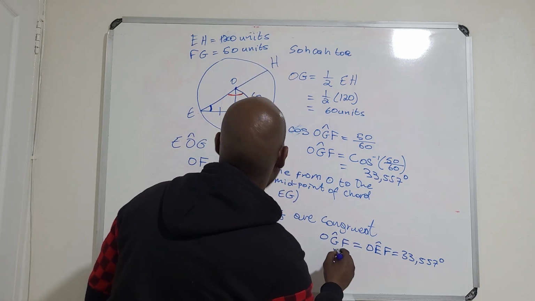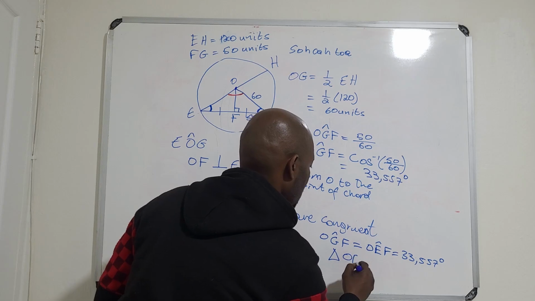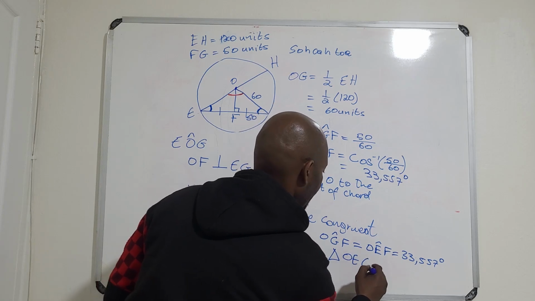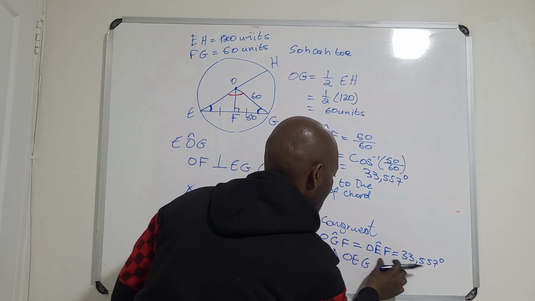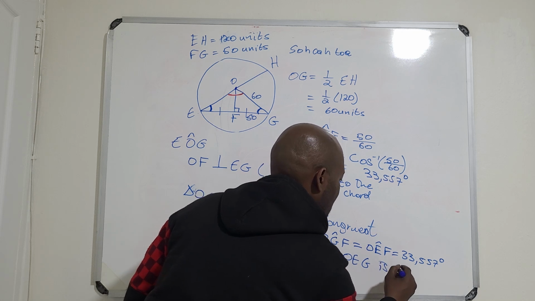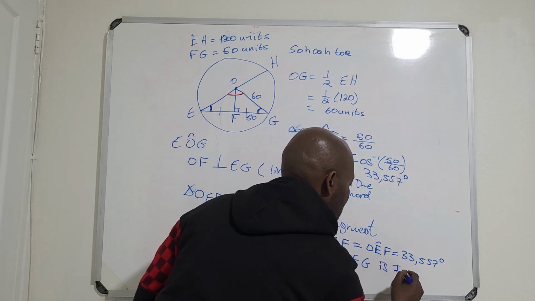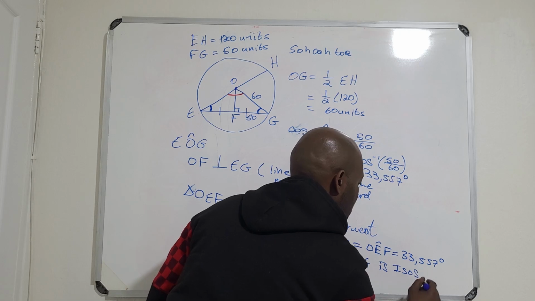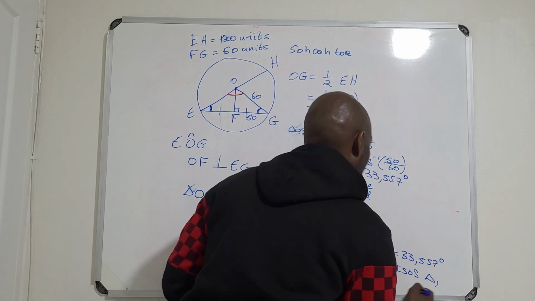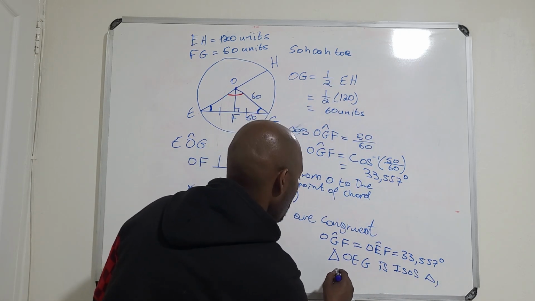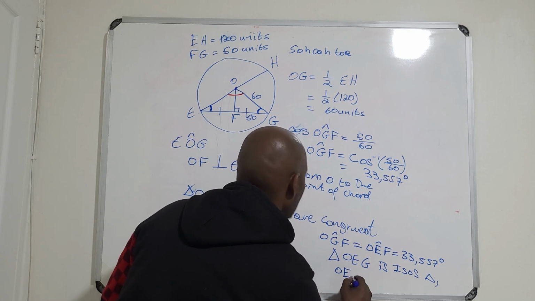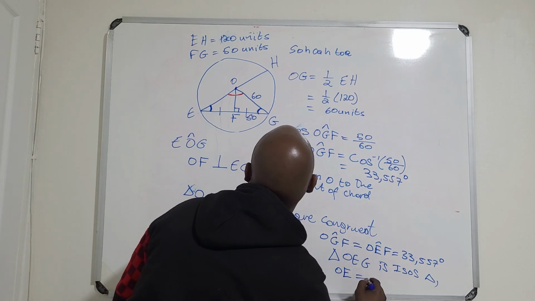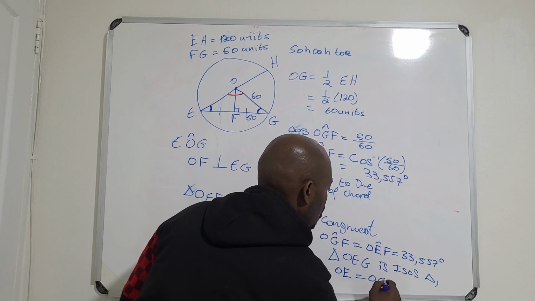triangle OEG is an isosceles triangle, meaning that OE is equal to OG.